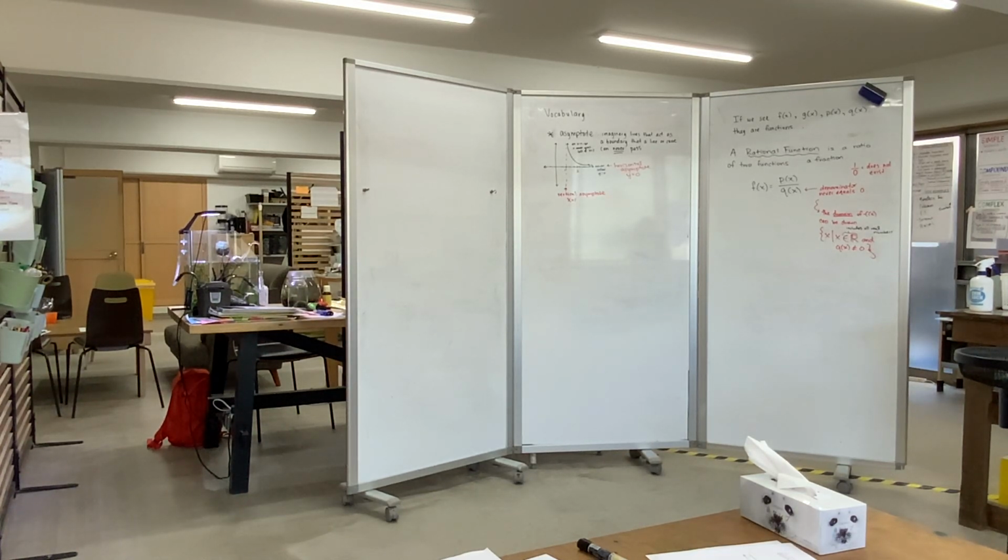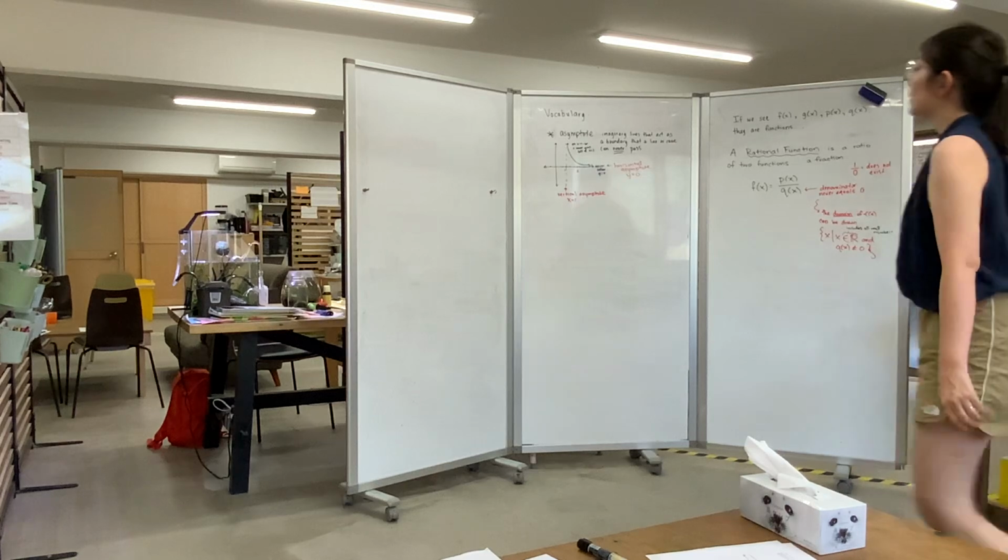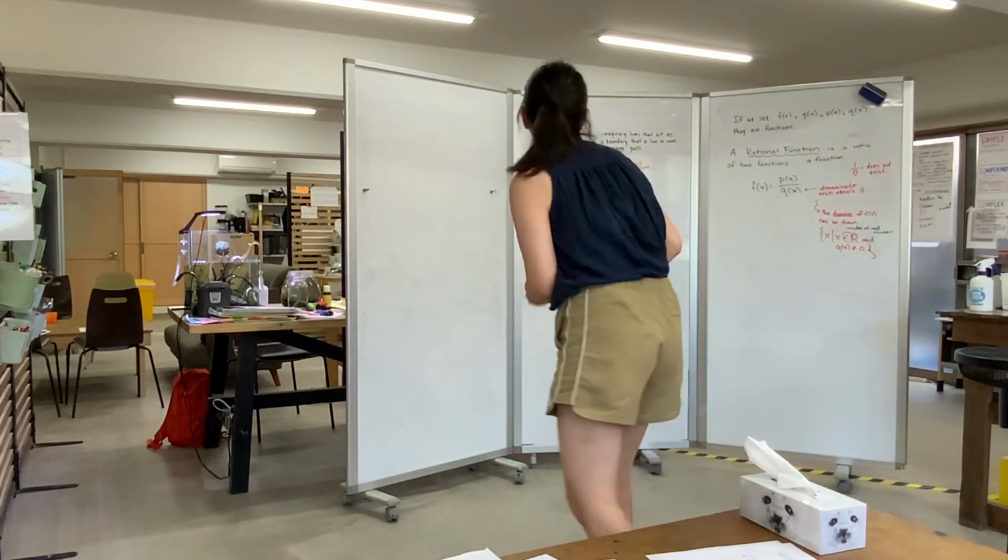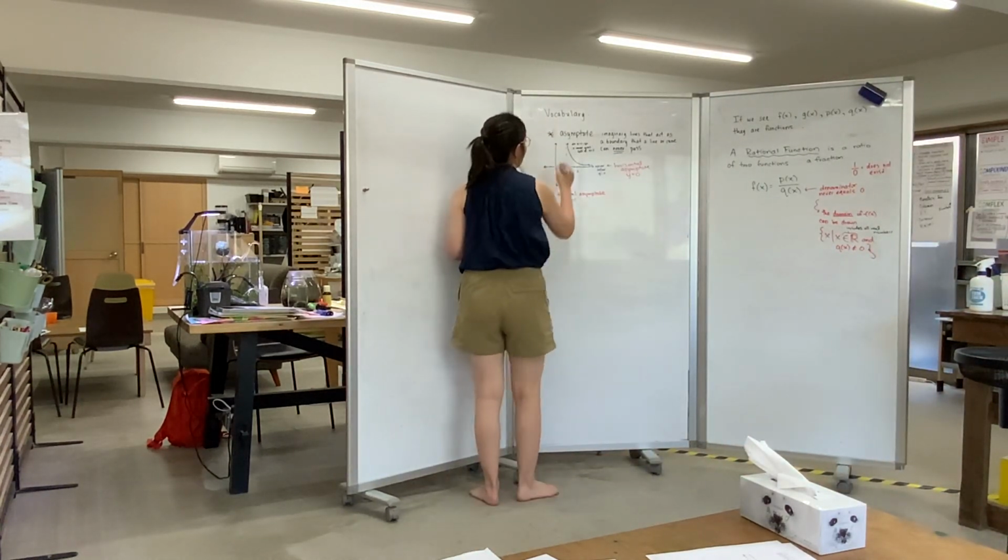That's hard to draw. The second one I like. So we'll talk about the second one soon. Okay. The second thing we're going to see with rational functions. So that's our asymptote.